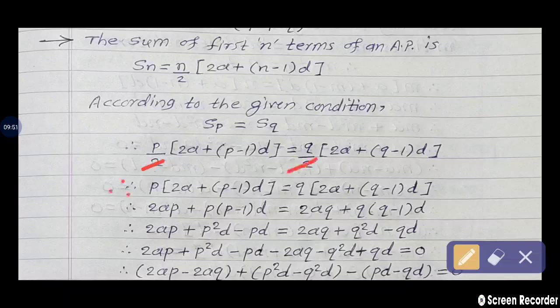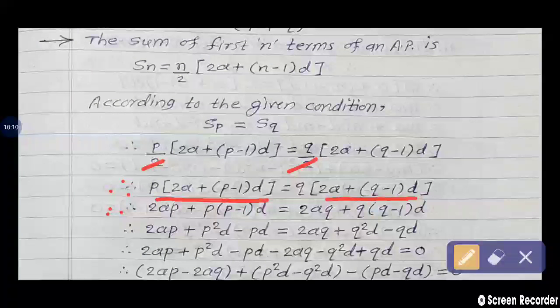So p in bracket 2a plus (p minus 1) into d is equal to q in bracket 2a plus (q minus 1) into d. Solve the bracket, multiplied by p on the left hand side and multiplied by q on the right hand side.